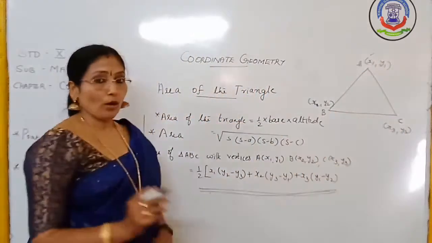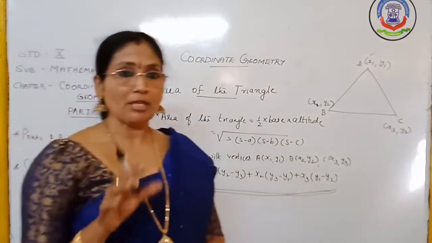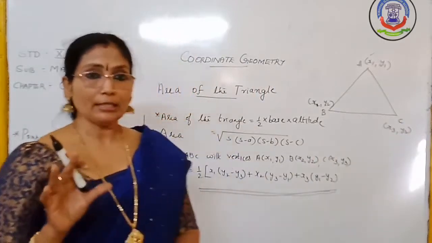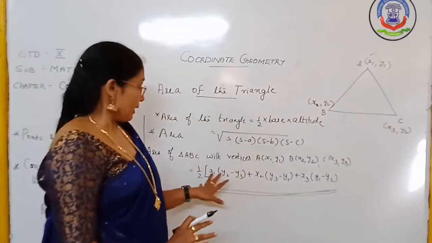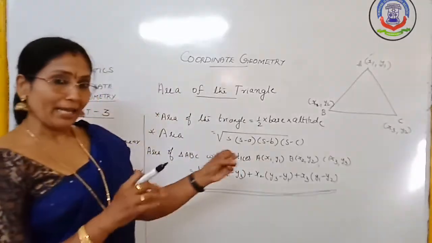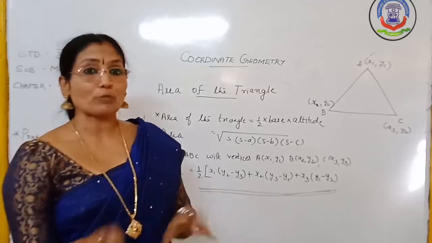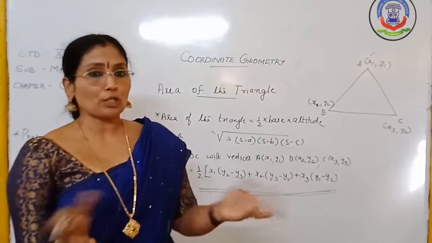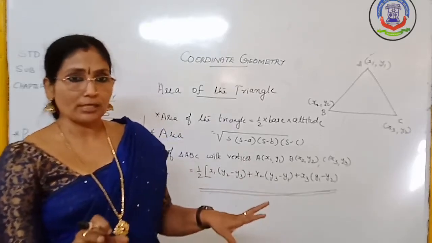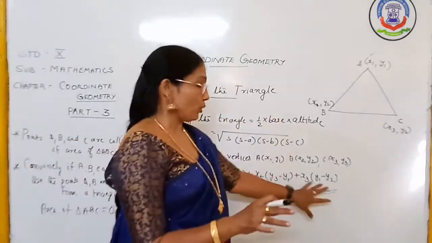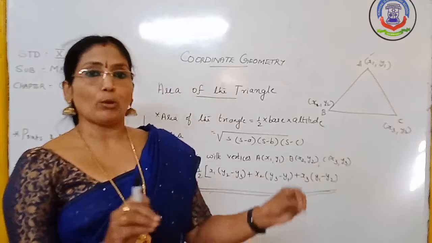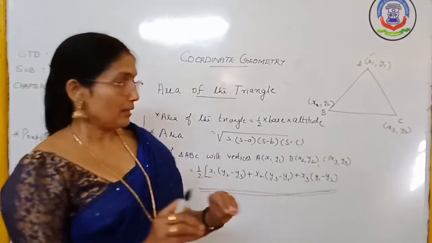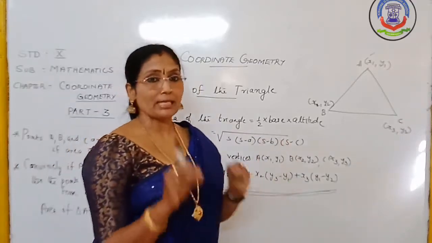As you all know, the area of triangle ABC is always a non-zero positive value only. That means we are taking only the numerical value, the absolute value of that expression. Whether it is positive or negative, we are not going to consider the sign. Suppose after getting the answer you get minus 20, you will take only the magnitude, so 20 is the answer.